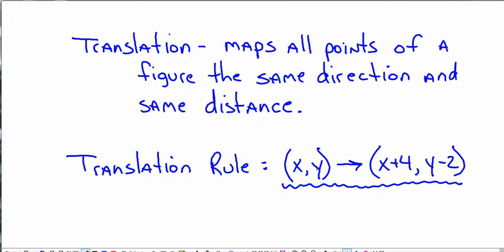Watch again for just a second. Stop writing and just look up here. See the cursor? Everything after the translation rule. What this says is to take every xy value in the preimage and move it 4 places to the right and 2 places down. Okay? That's what the rule means.